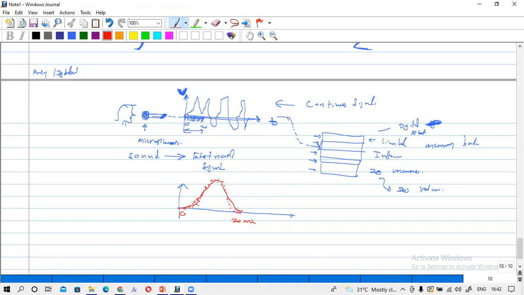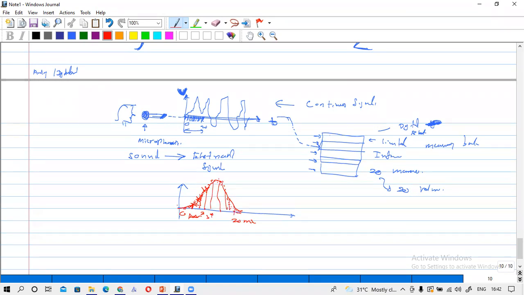Instead, we can get some countable values: after 1 minute, after 2 minutes, after 3 minutes, after 4 minutes, after 5 minutes.